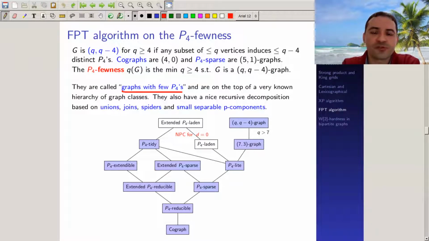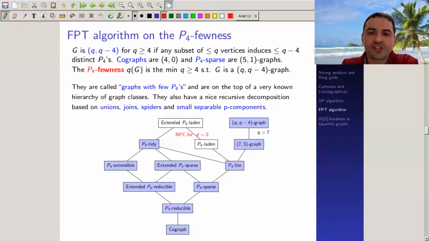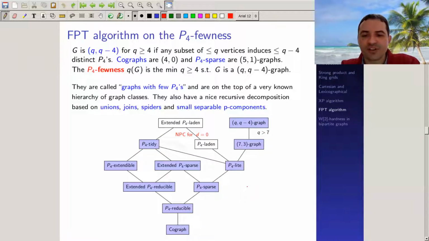They are called graphs with few P4s and are on the top of a very known hierarchy of graph classes. They also have a nice recursive decomposition based on operations such as unions, joins, spiders, and small separable components. Here we have this hierarchy of graph classes, (q,q-4) graphs here, P4-tidy graphs here. The blue graph classes are the graph classes for which we solve the decision problem of the spy game.